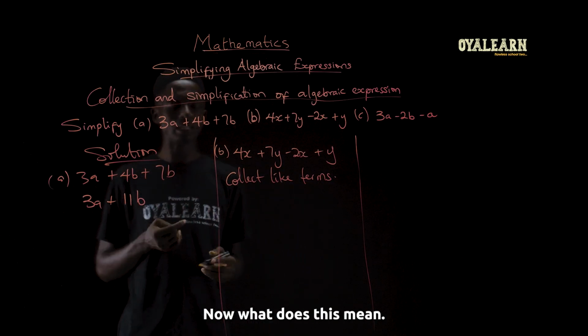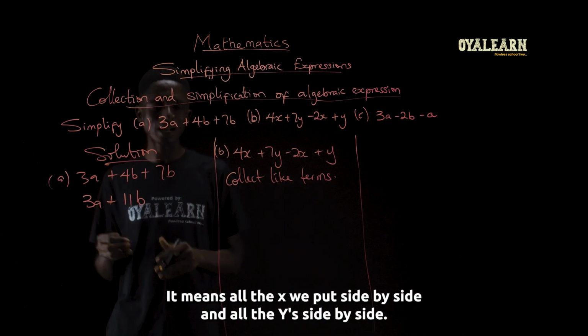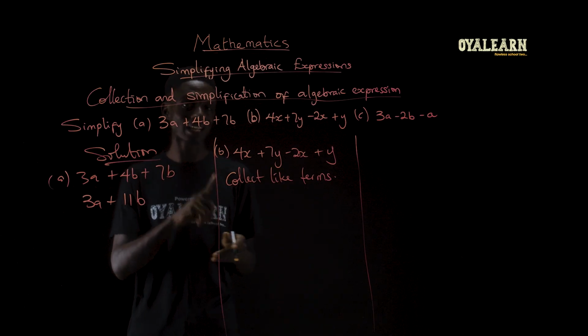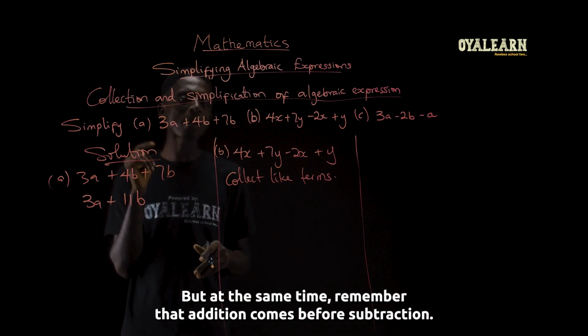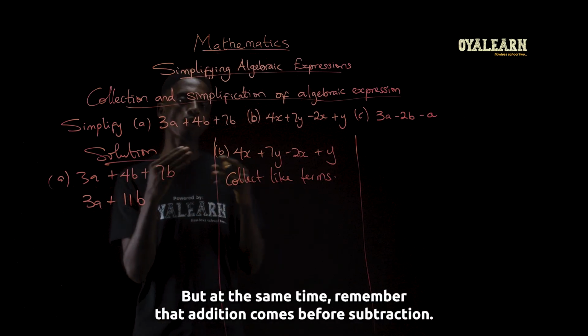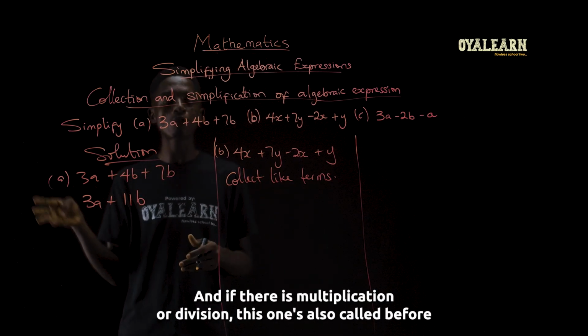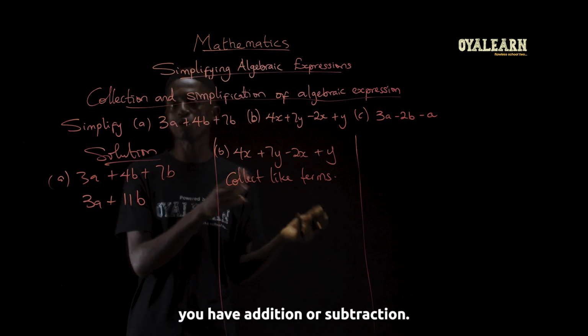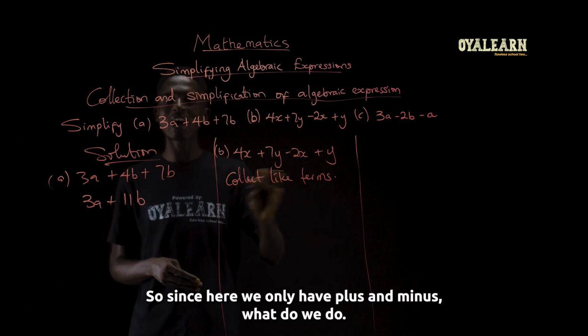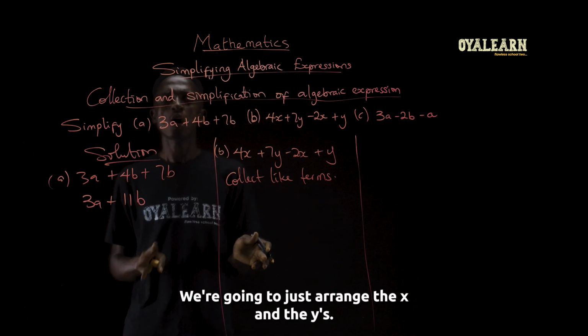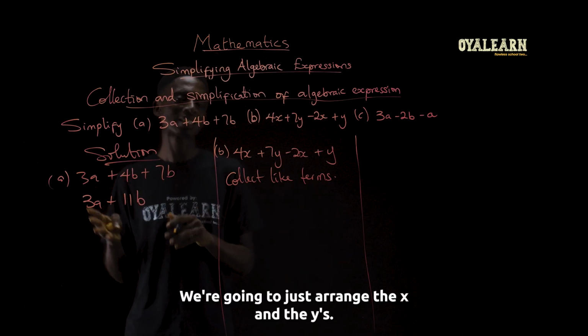Now, what does this mean? It means all the x will be put side by side and all the y side by side. But at the same time, remember that addition comes before subtraction. And if there is multiplication or division, those also come before addition or subtraction. So since here we only have plus and minus, we're going to just arrange the x and the y's.